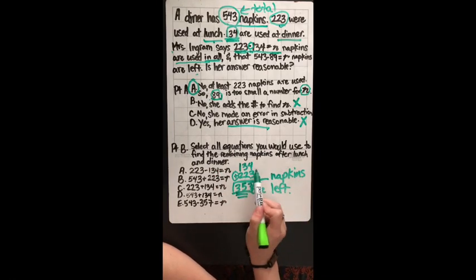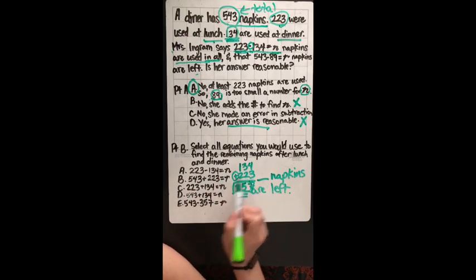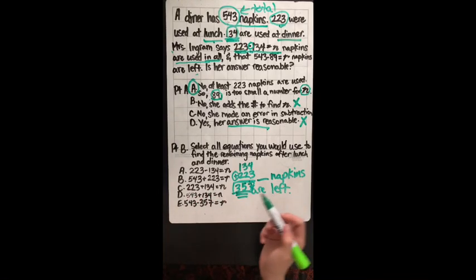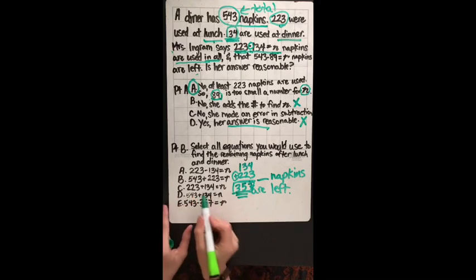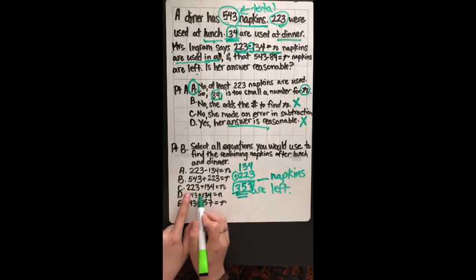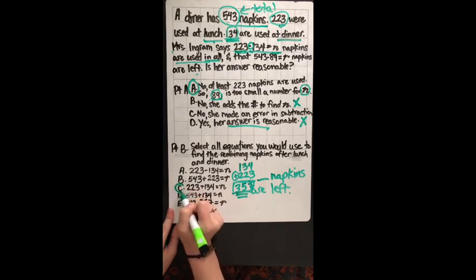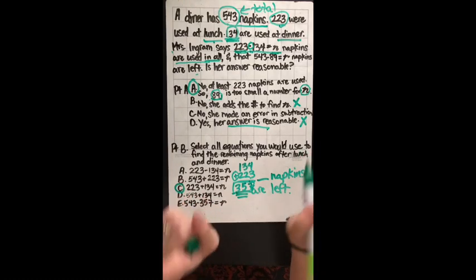So we said 134 plus 223. Is that one? Nope, not that one. Nope, not that one. 223 plus 134. Oh, boom. Commutative property. Notice they put 223 first, but that doesn't matter. So we know C is going to be a correct answer.